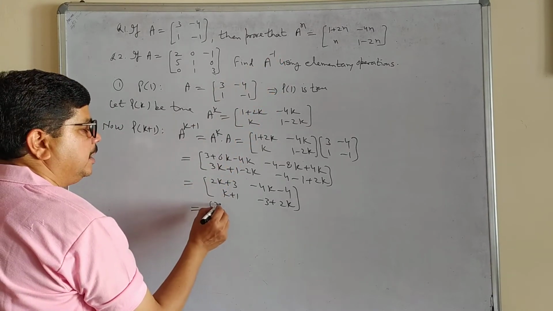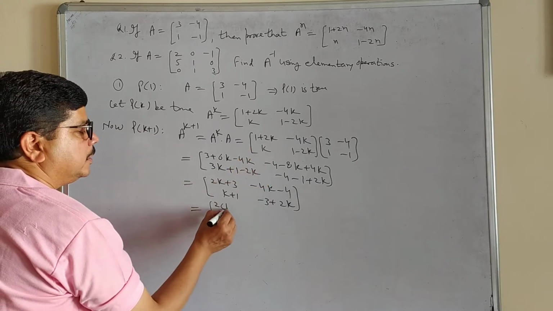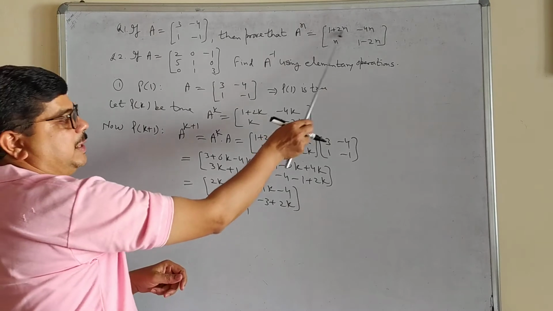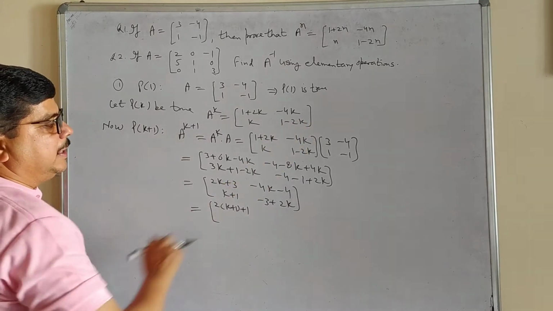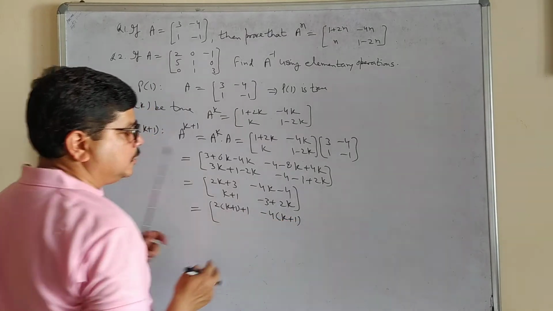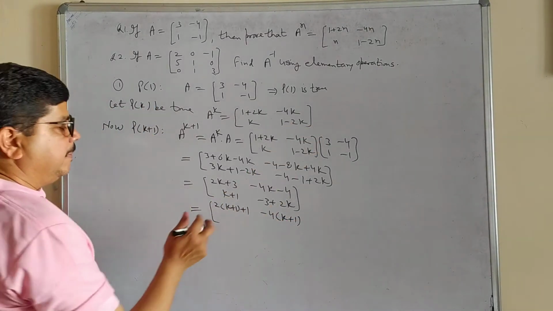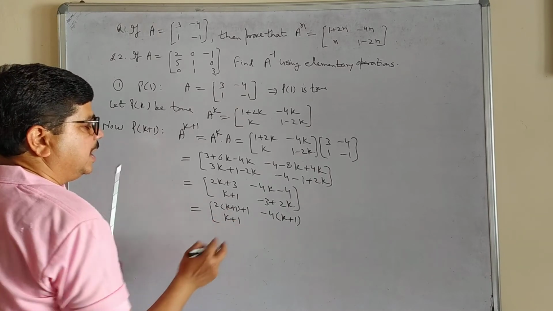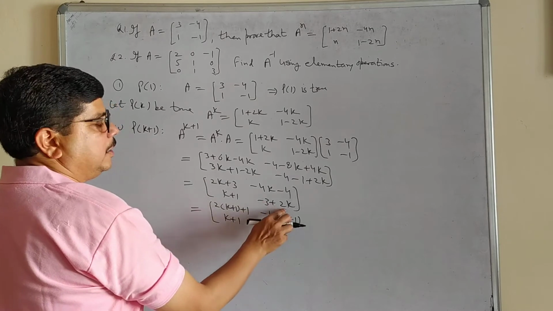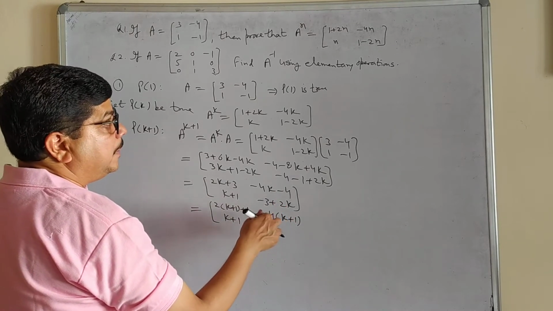Look at this: 2k plus 3 means 2k plus 2 plus 1. So it is twice of k plus 1, plus 1. That is 1 plus 2n. Similarly, this minus 4 common, so it is minus 4 in place of n, k plus 1. K plus 1 in place of n, it is k plus 1. Then 2k minus 3 can be written as 2k minus 2 minus 1.